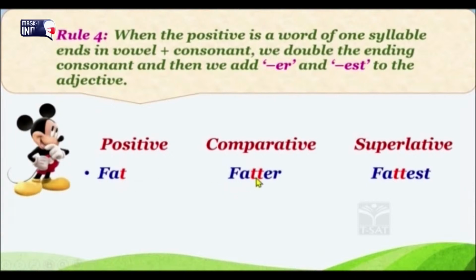And when it came to the comparative degree, the last consonant is doubled and we have added the letters ER in the comparative degree. In the same manner, the last consonant T is doubled in the superlative degree and we have added the letters EST. That becomes the fattest. In the same manner, big, bigger, biggest.